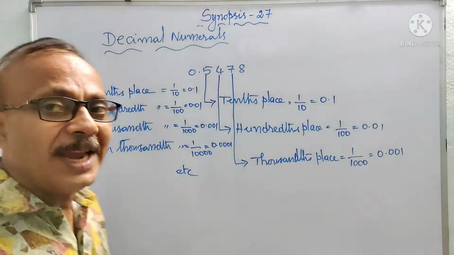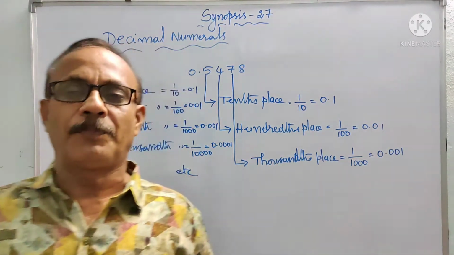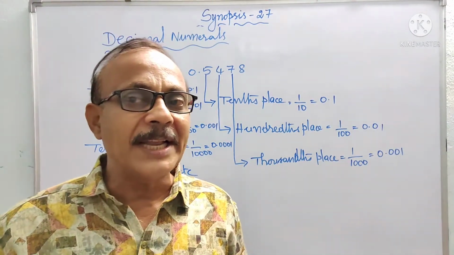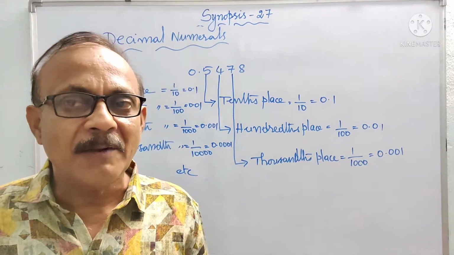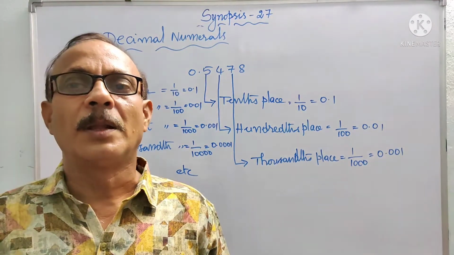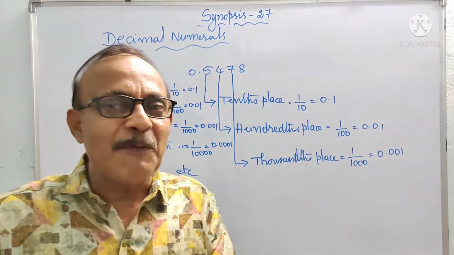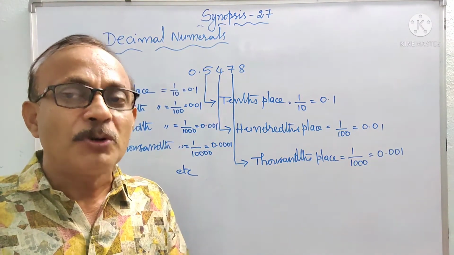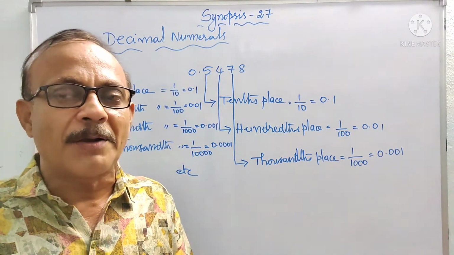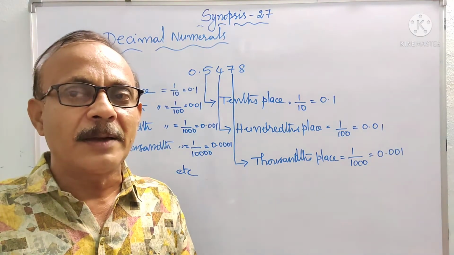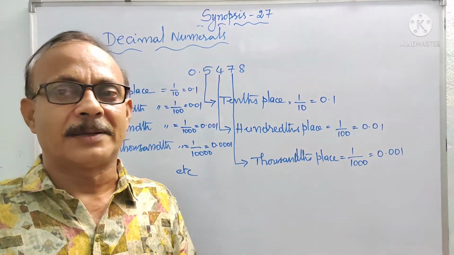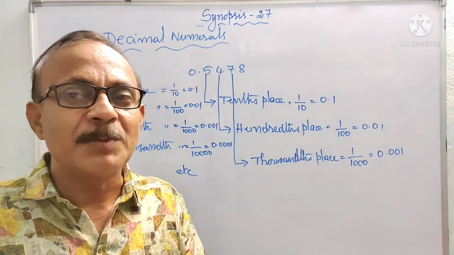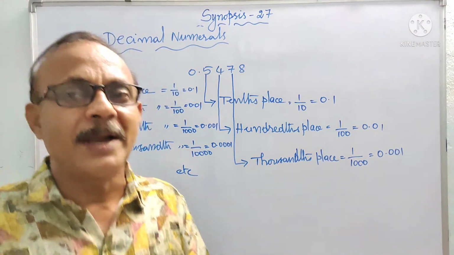Now, how to write a decimal in expanded form? We have the experience of writing a number in expanded form in whole numbers. For example, if you take 548, we write it in expanded form using the place values: 5 into 100, 4 into 10, 8 into 1, like that. So, how to write a decimal numeral in expanded form?